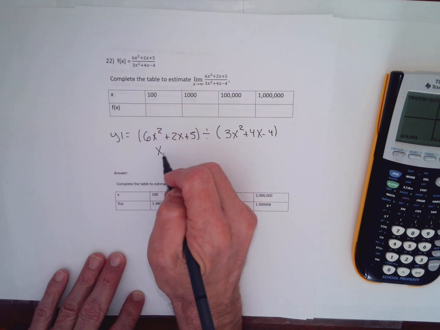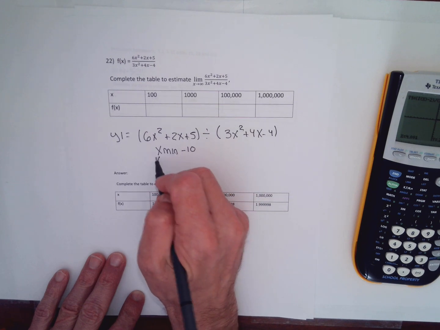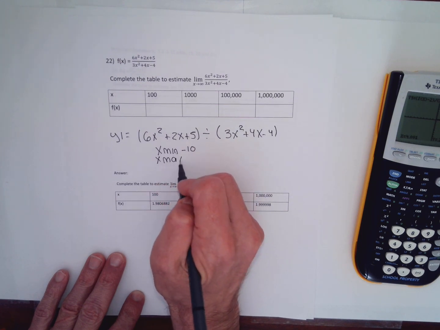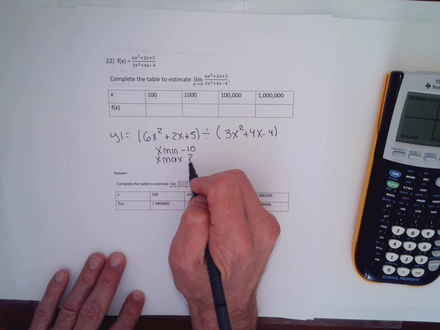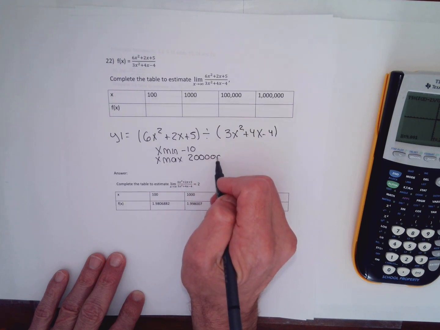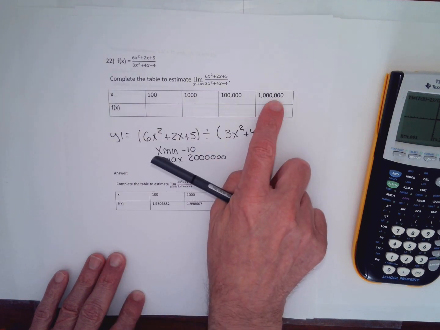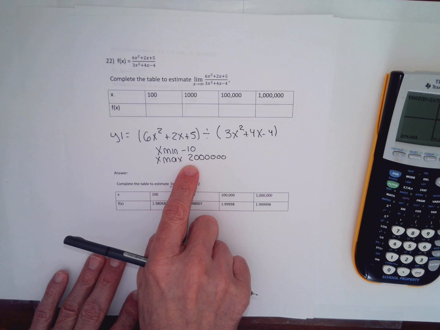An important thing for this one is the window. And my window needs to at least have an x max of 1,000,000. I'm just going to make it 2,000,000 to be safe. For these problems, you're going to get an error when you're trying to find your table if you try to put in a number bigger than the x max allows.